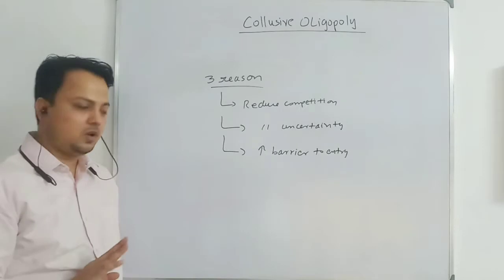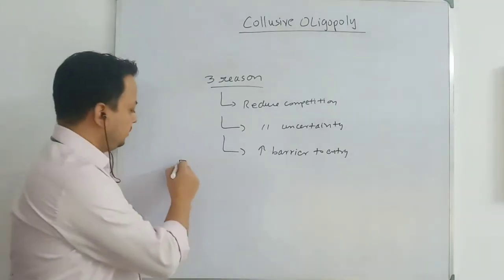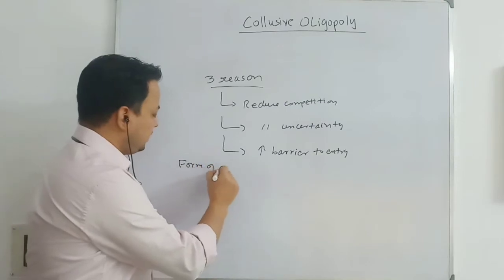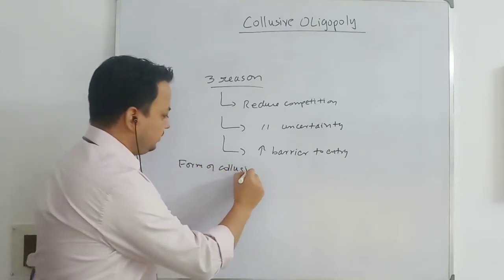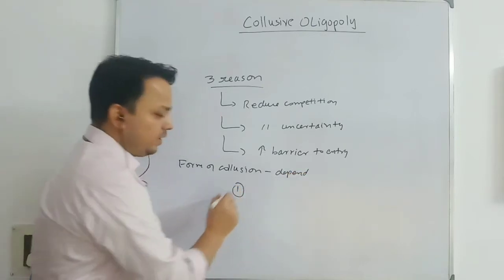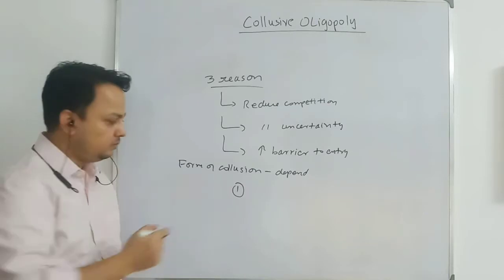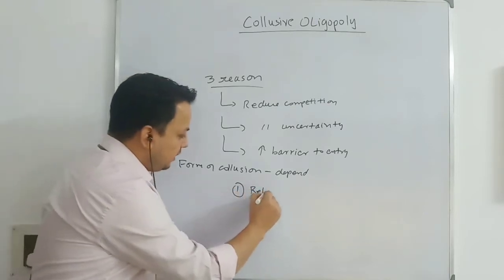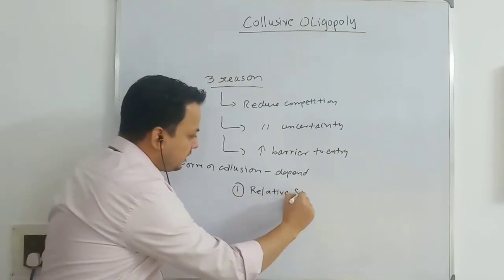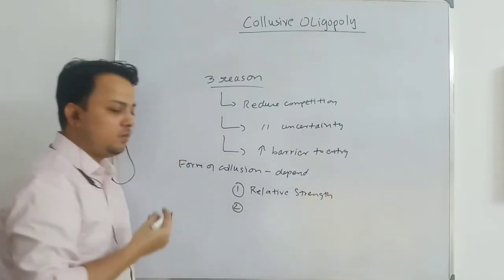Now this form of collusion depends on three things. Number one, it depends on the relative strength of the firms. Second, the objective of the collusion.